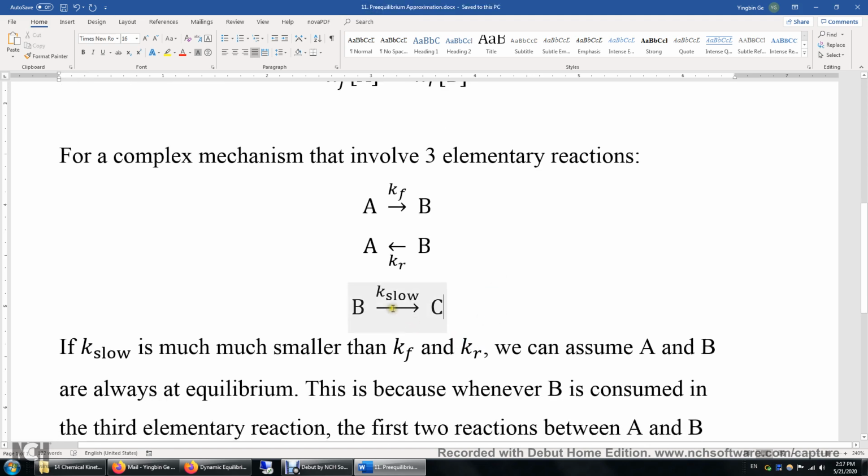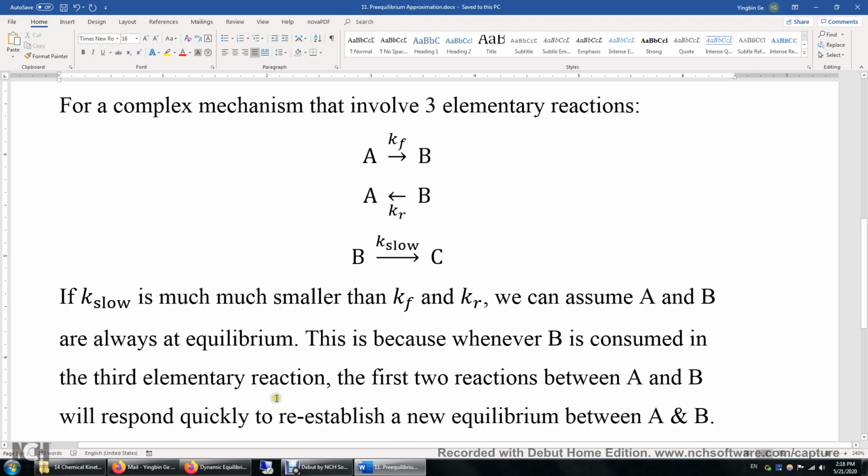We're trying to get C, and we're interested in how fast this C is produced. Now, if this reaction rate constant, K sub slow, from B to C, is much smaller than Kf and Kr, then we can assume A and B are always at equilibrium. It may sound strange, so look at this. We have A converted to B and B converted back to A, but now we have a third reaction. Only if the third reaction is slow enough.